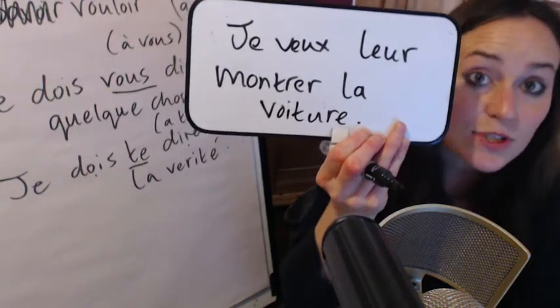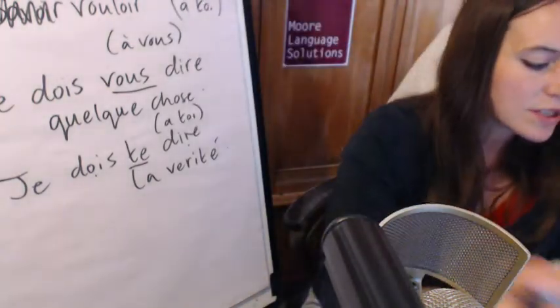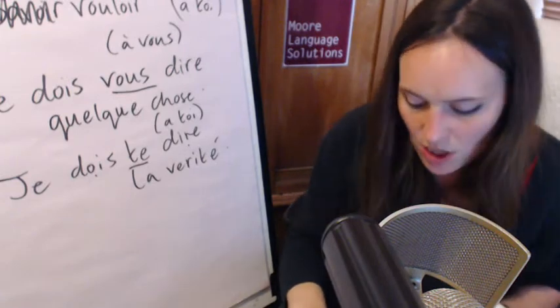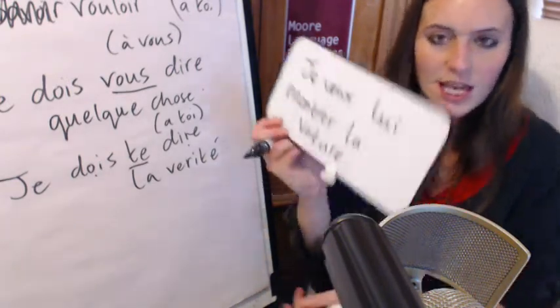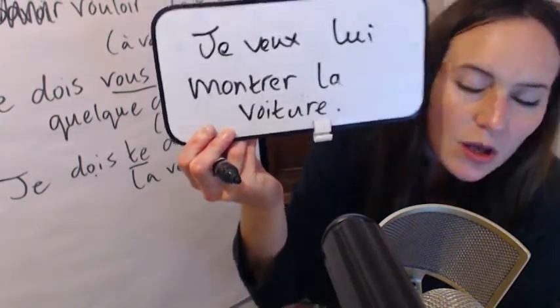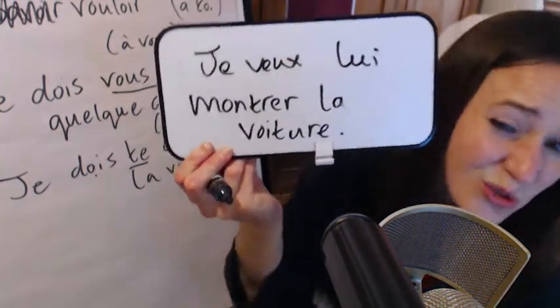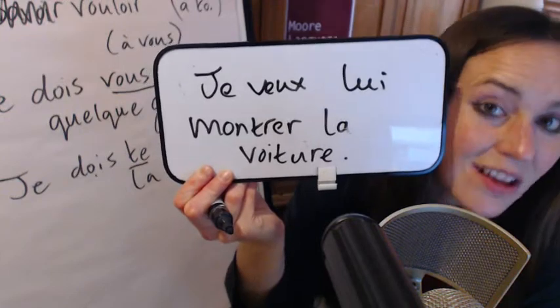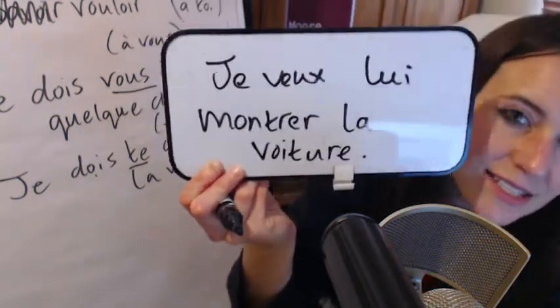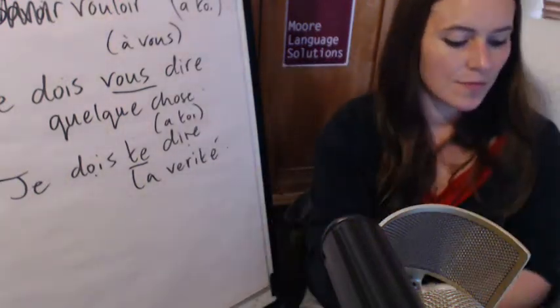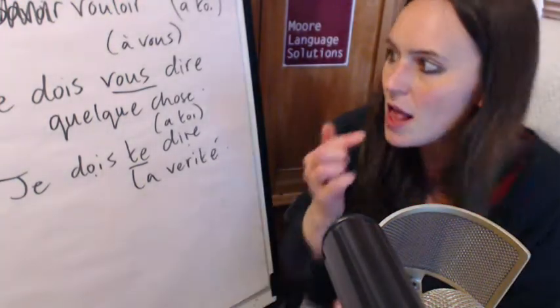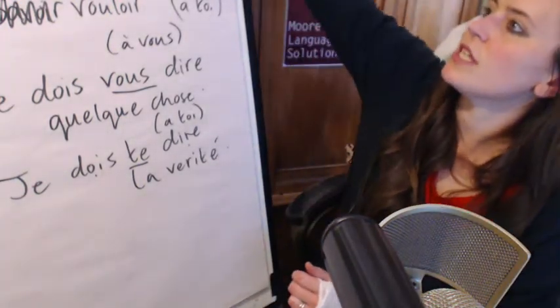I want to show them the car. What if we want to show him the car? Je veux lui montrer la voiture. What if I want to show the car to her? Yeah, it's the same pronoun, whether it's to him or to her. Excellent. Okay, now let's just go back and recap over these.